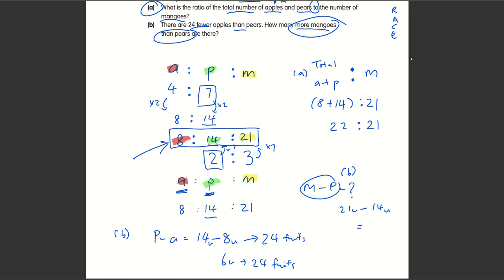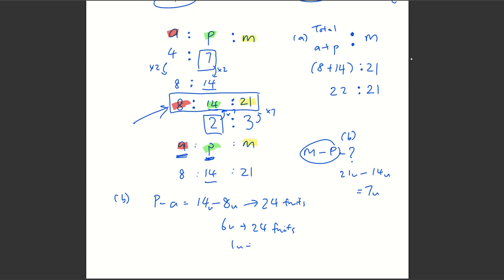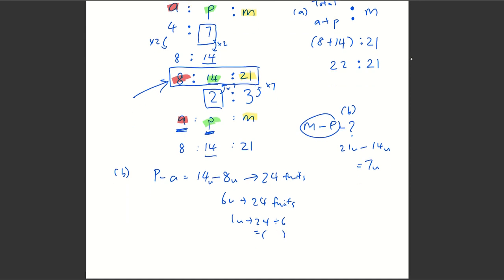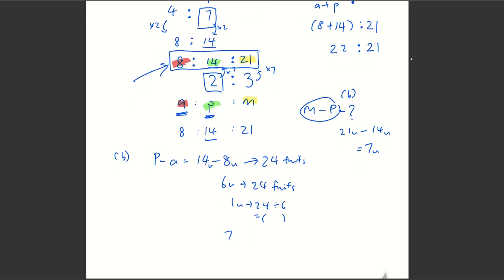That will be 7 units. So you calculate that 1 unit from here, then you get to your 7 units because that is mango minus pear in the question. Okay, and you get your answer.